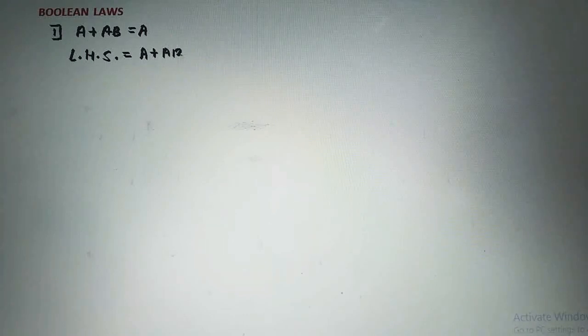So the first other important Boolean law is a plus ab is equal to a. Now see here, we have to prove this. So first we will take the left hand side, that is a plus ab.